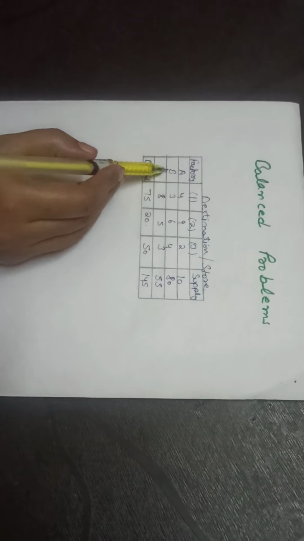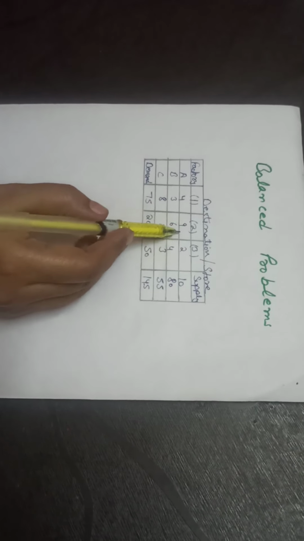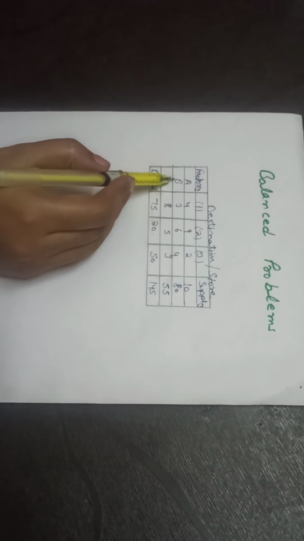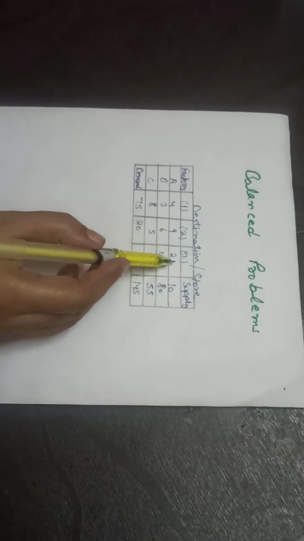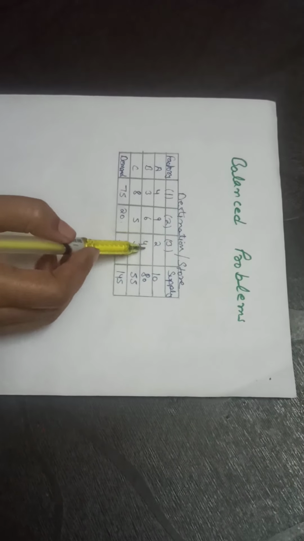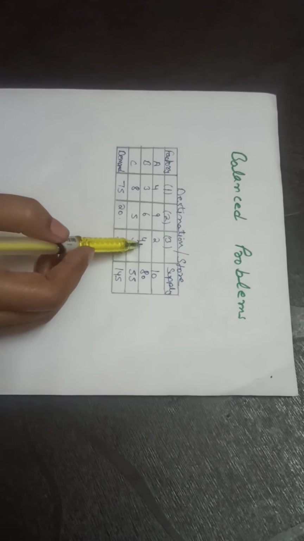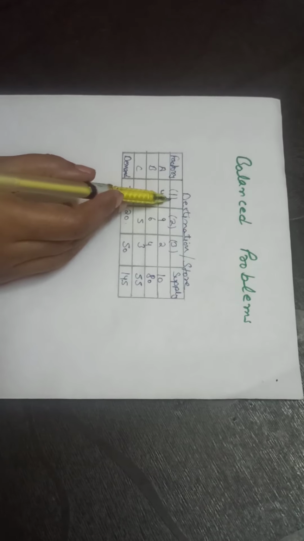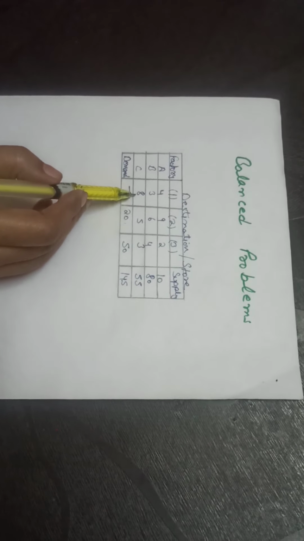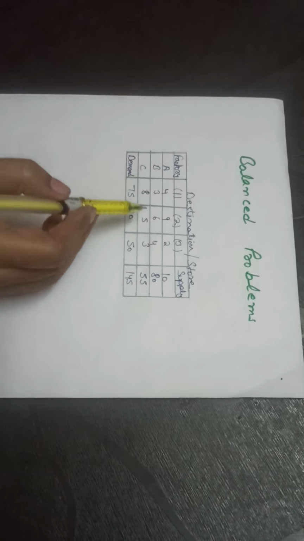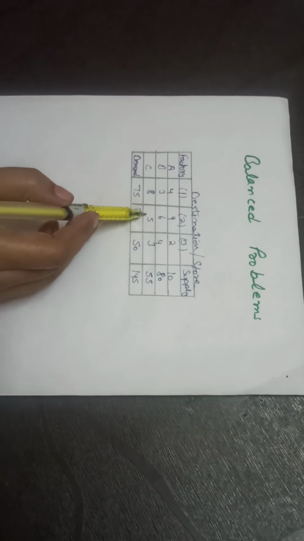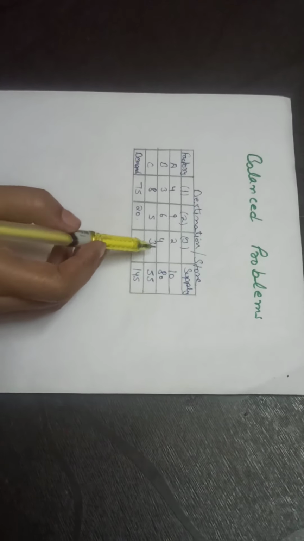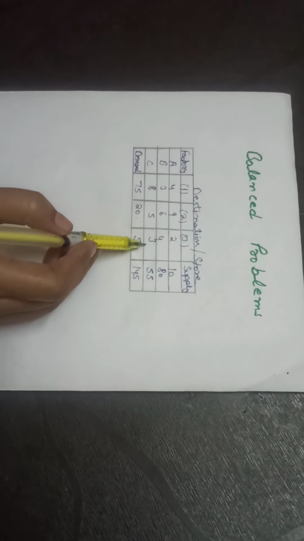If B supplies to the second store, the cost will be 6 rupees. If B supplies to the third store, the cost will be 4 rupees. If C supplies to the first store, then the cost will be 8 rupees. If C supplies to the second store, the cost will be 5 rupees. And in the last, if C supplies to the third store, then the cost will be 3 rupees.